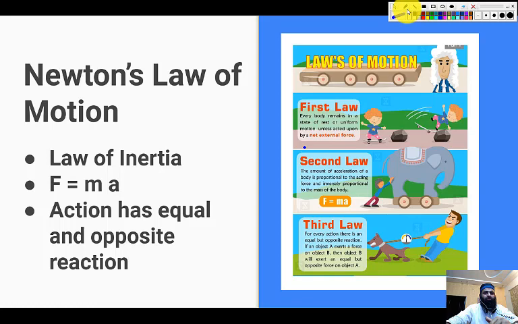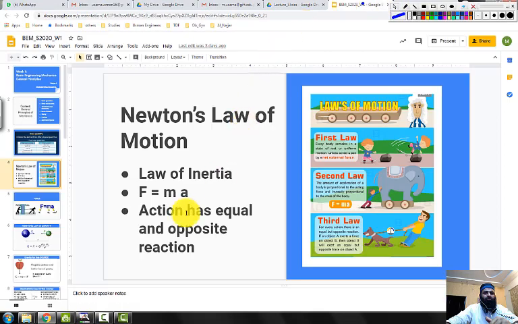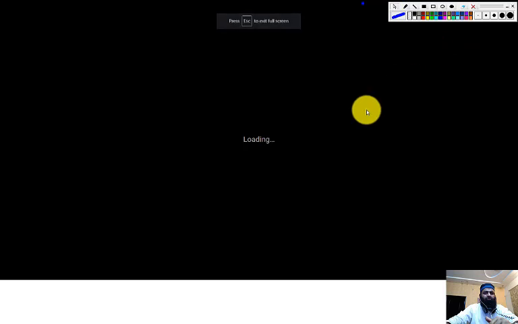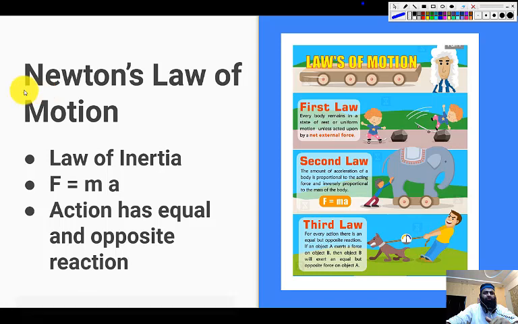So what are Newton's laws of motion? Newton, as most of you already know, is the world famous physicist who lived in the 16th century.